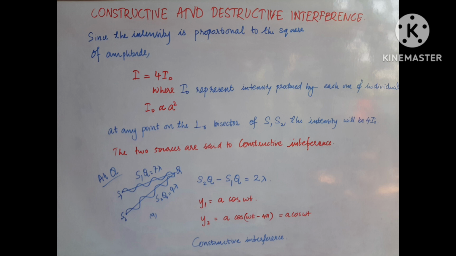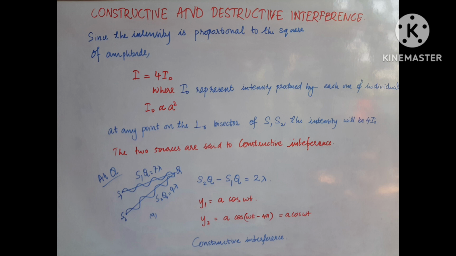Here when we add these sources, the displacement is y is equal to y1 plus y2, that is 2a cos omega t. So in that case, initially the intensity of the wave is I proportional to a square, the square of the amplitude, and in the final case the intensity is proportional to 2a whole square, that is 4a square.